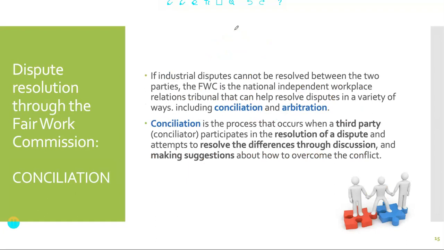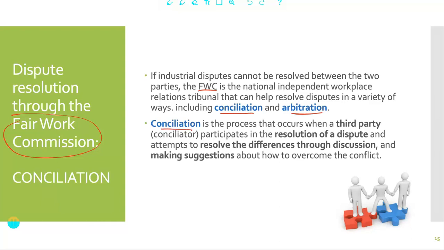If that doesn't work, then we move to where the Fair Work Commission is going to be involved. In industrial disputes that cannot be resolved, the Fair Work Commission is the national independent workplace relations tribunal, the court, the umpire. They can help resolve disputes in ways that include conciliation and arbitration.